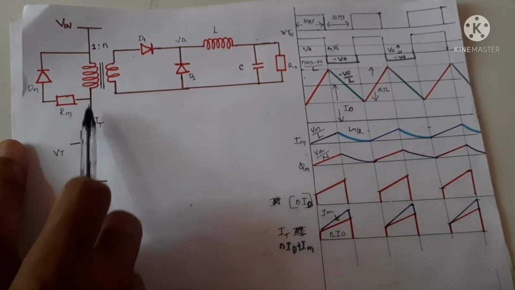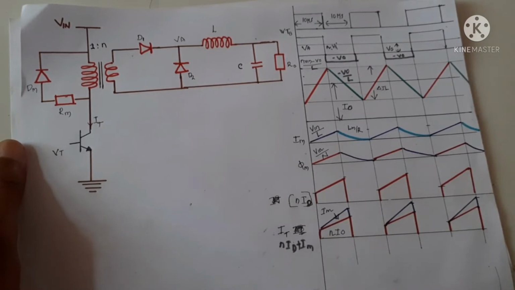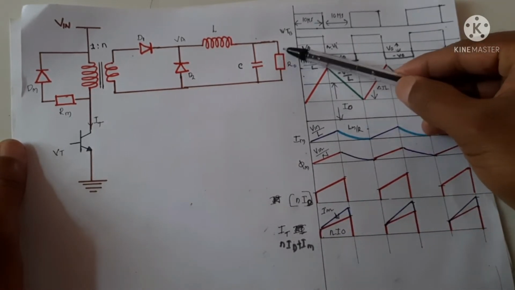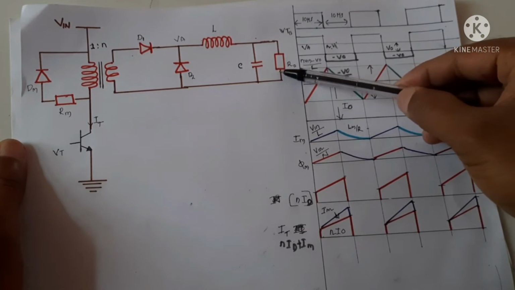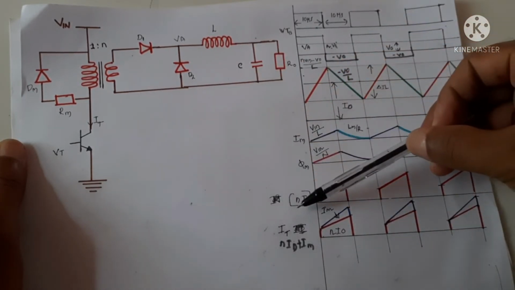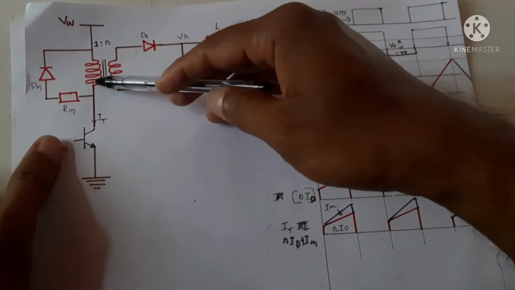So the current flowing through the transistor during on time has two parts. One is the reflected current. If we assume that 2 ampere of current is flowing through the output, the reflected portion, with the turns ratio of half, is N into I0, the current flowing through the primary.